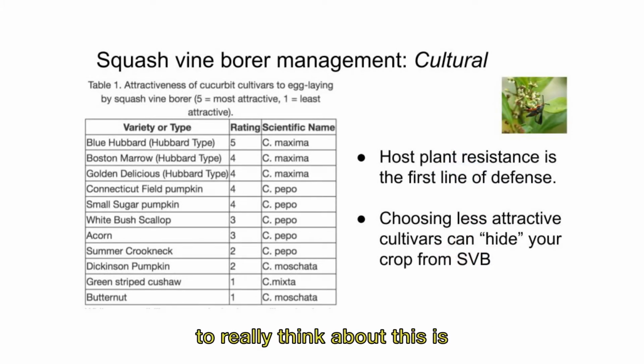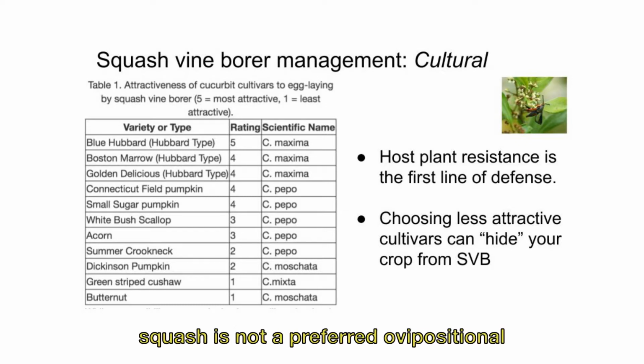So we'll start with pest management by design. The first place to really think about this is host plant resistance. Here's a table which provides you with a variety or type and the attractiveness of these cucurbit cultivars to egg laying by the squash vine borer. So a high number is bad. Butternut squash is not a preferred ovipositional resource for this insect, but Hubbard squash is very much a preferred host.